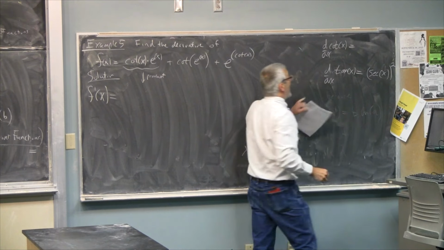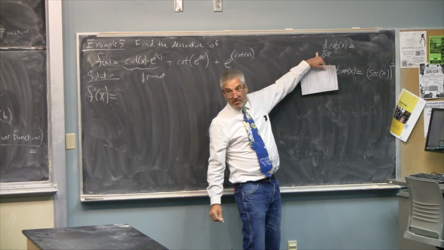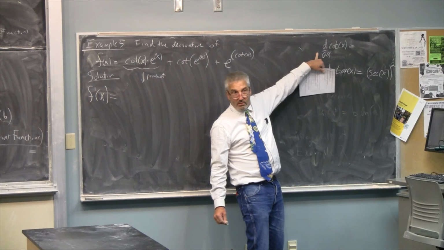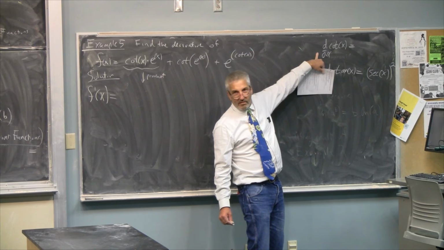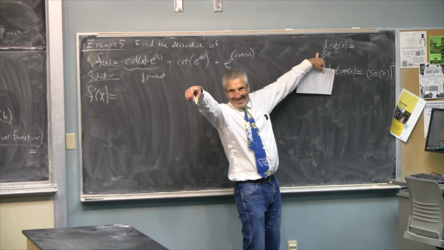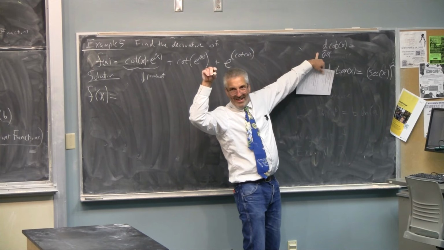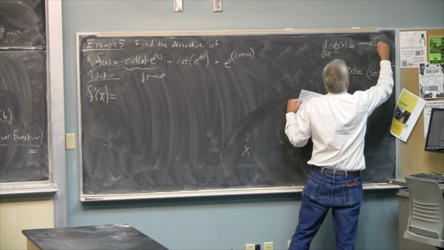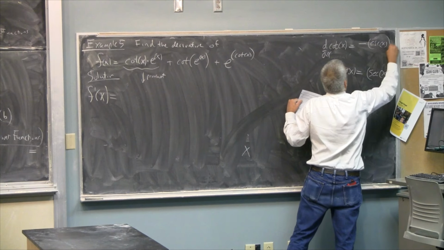Now remembering that, do you remember what the derivative of this one is? It's just like it. Wonderful. Negative cosecant of x squared.